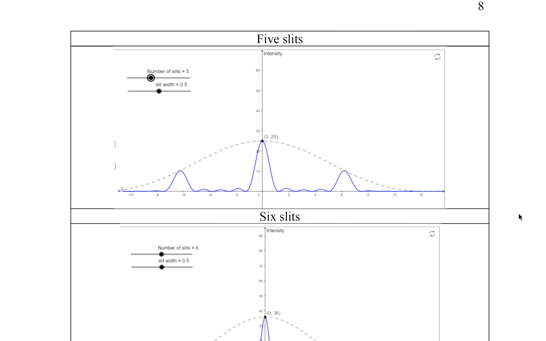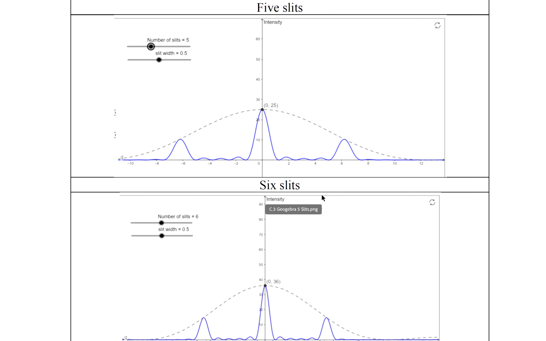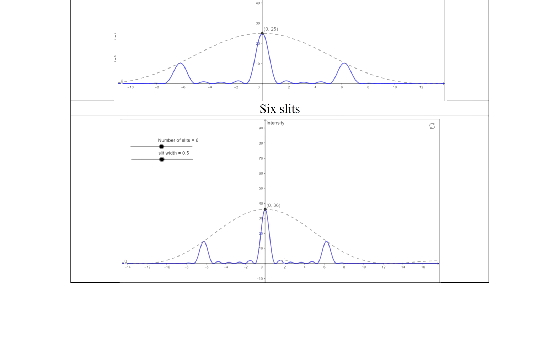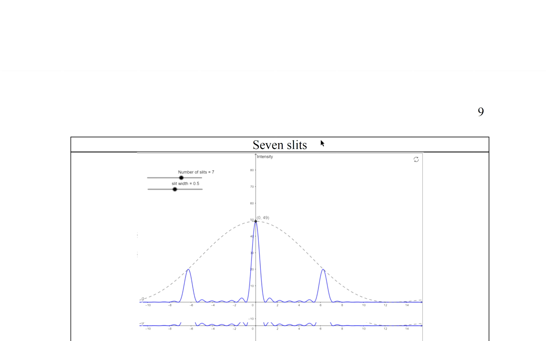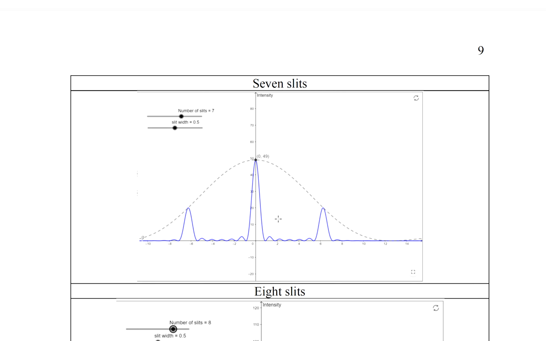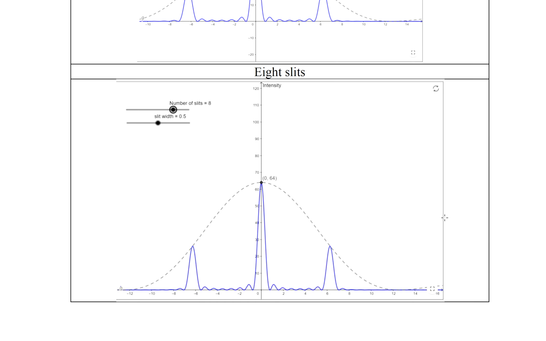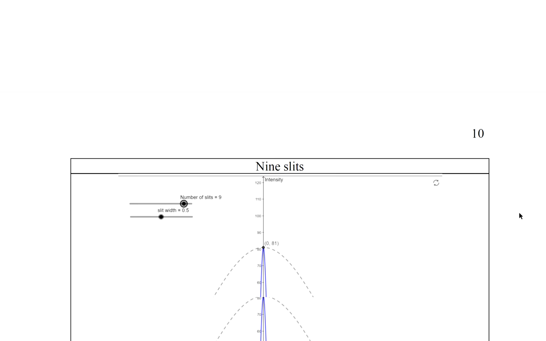Now for 5 slits, we have 3 secondary maxima. For 6 slits, we have 4 secondary maxima. So like 6 minus 2 is 4. For 7 slits, 7 minus 2 is 5. So we have 5 secondary maxima. For 8 slits, we have 8 minus 2, which is 6 secondary maxima.